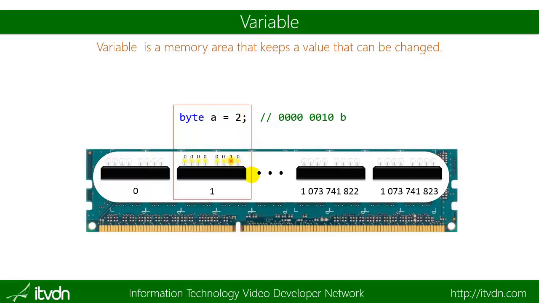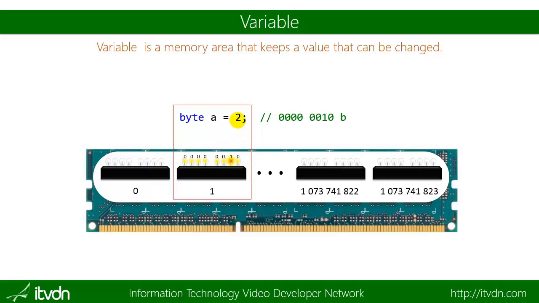Now, I told you that in a random access memory, you have a lot of bytes. Depending on the number of gigabytes or megabytes you have, a variable takes one random address and saves the information you assign there, the value you assign. In this case, we have 2. A byte-typed variable is a type of variable that can keep up to 8 bits.